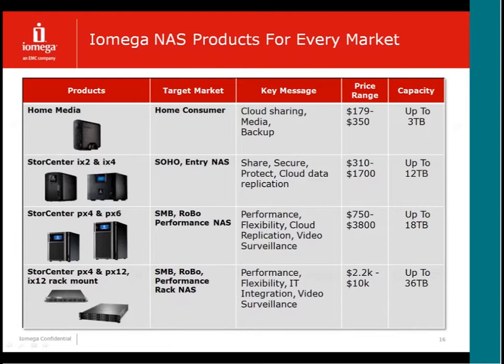The Iomega NAS product line spans from a single drive, very inexpensive network storage device. So if you're just a Time Machine user and you're not going to use anything else, I just want to back up my computer or the computers on my network, our basic Iomega NAS starts at 1 terabyte, goes up to 3 terabytes, and it starts at under $200.